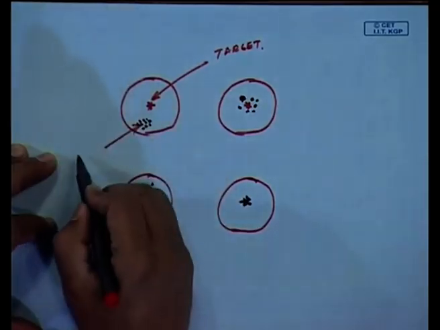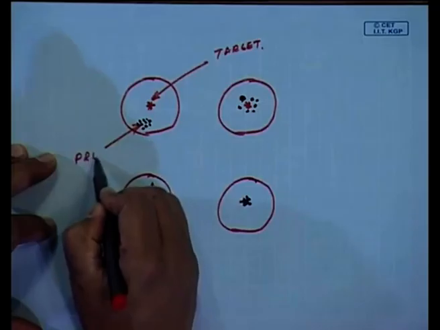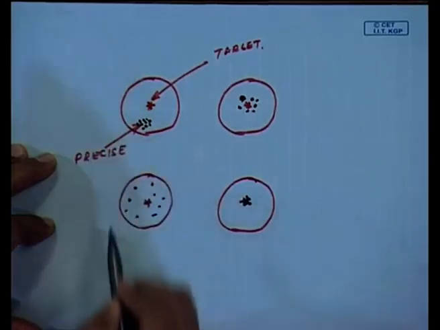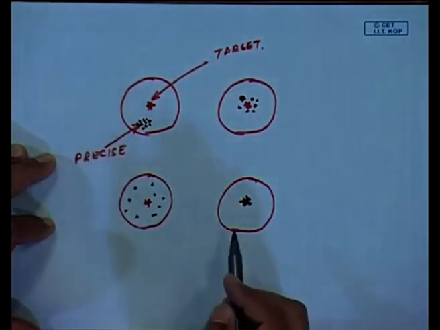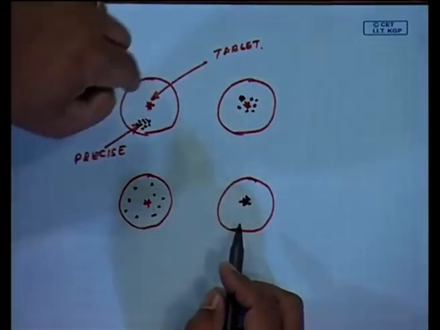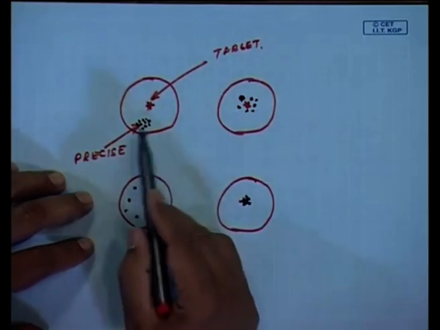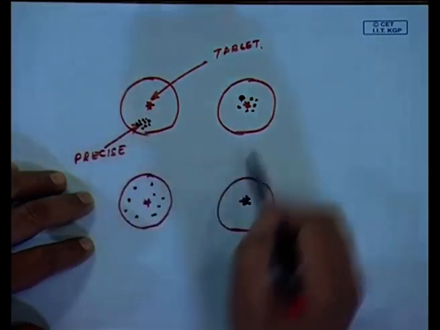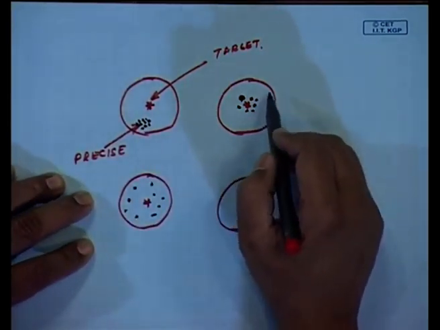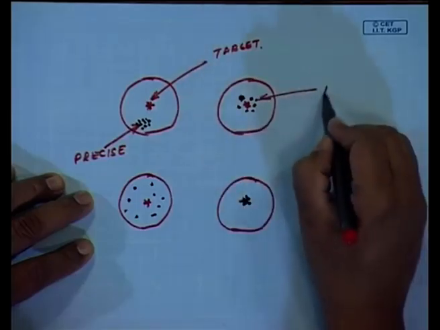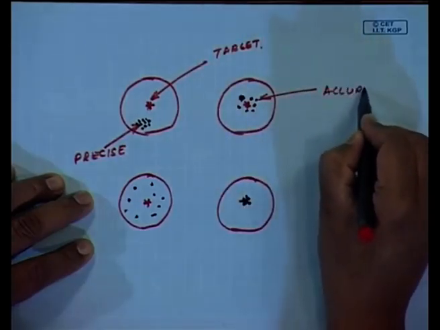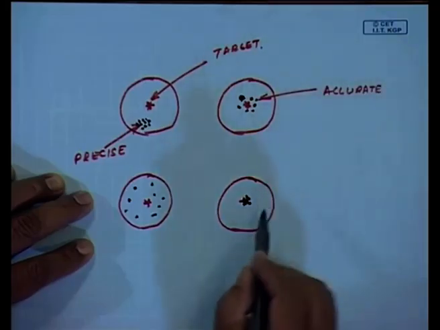In this case, I am precise in the sense that I am always measuring around a particular value here. Here I am accurate, but not quite.